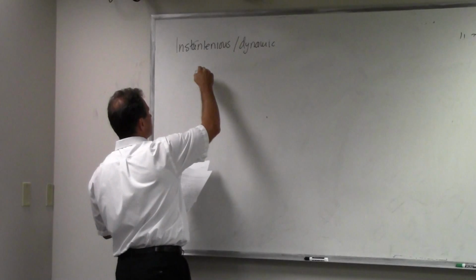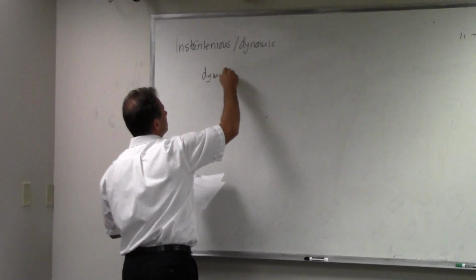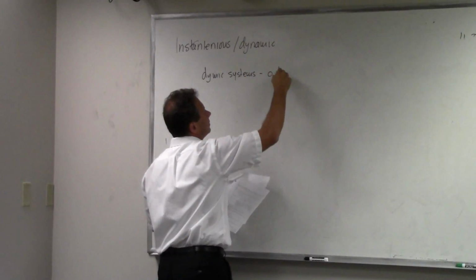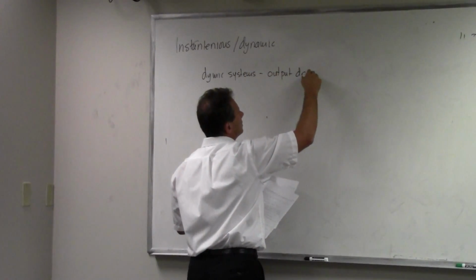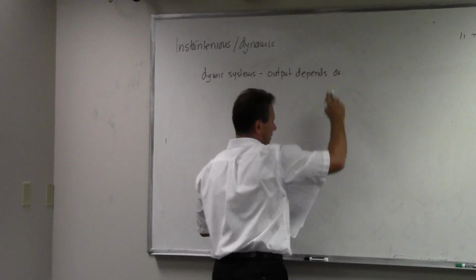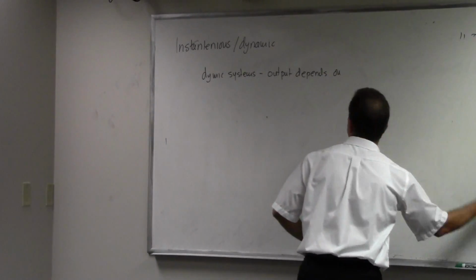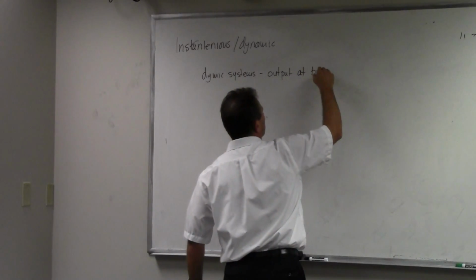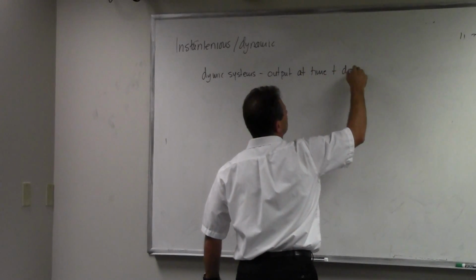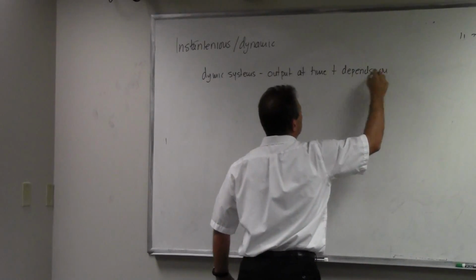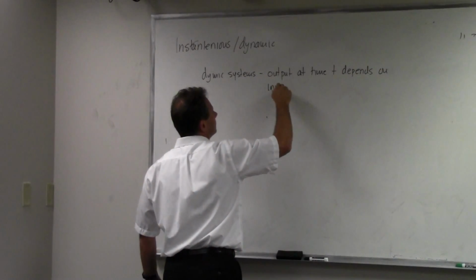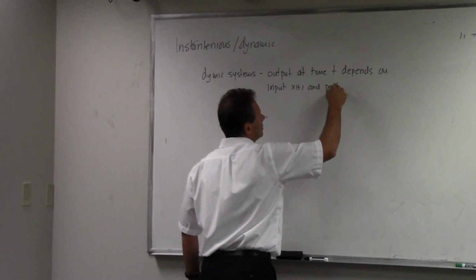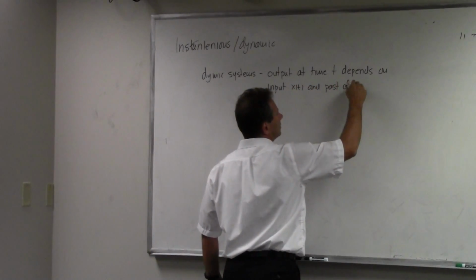So in general, for dynamic systems, the output at time t depends on the input x of t and past values of the system.